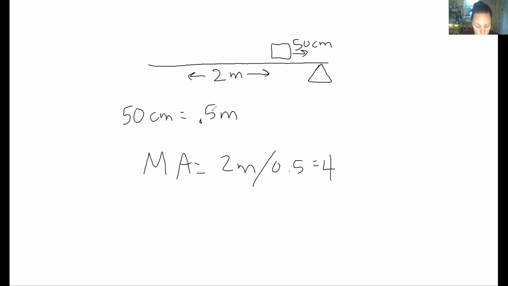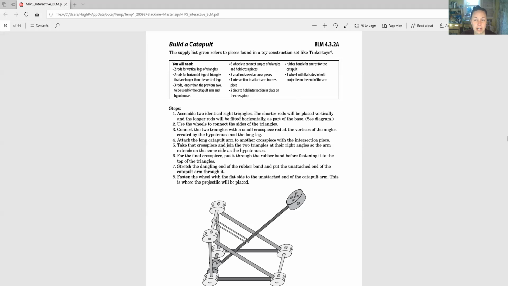Okay, for your lab today, you are building a catapult. In your book it says to use Blackline Master. So let me share my screen. We have a Blackline Master here. I'm going to take a picture of it and email it to your parents as well.